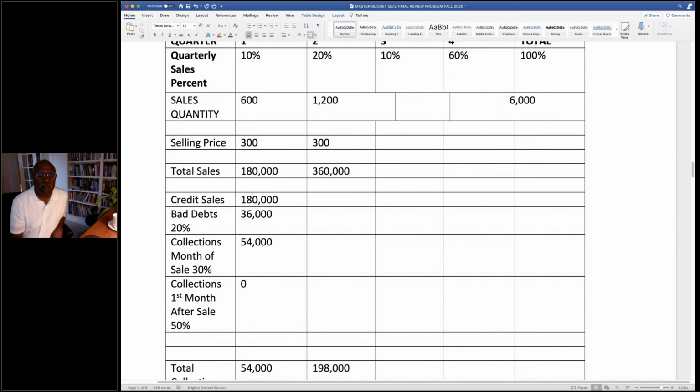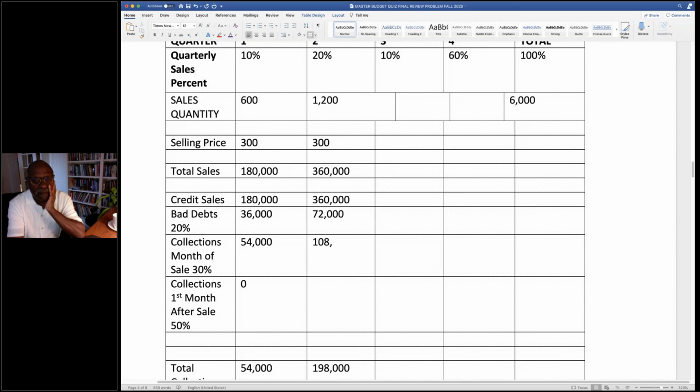And the credit sales are 360. Bad debt's going to be what? 72,000. Our collections, 30% in the month of sales, are going to be how much? 108,000.